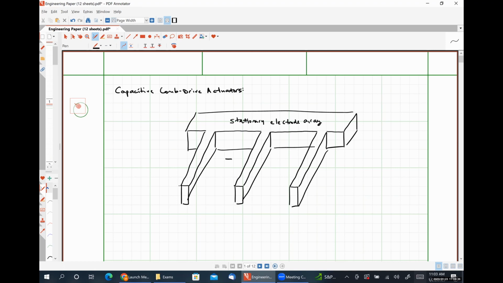And then our fingers in between the gaps are going to be our movable electrodes.